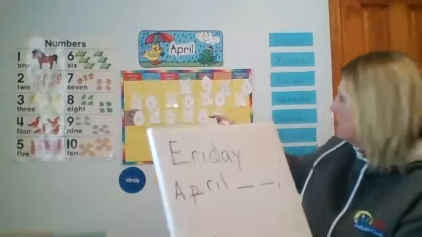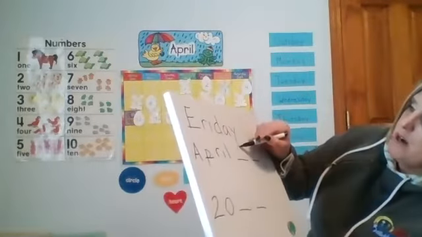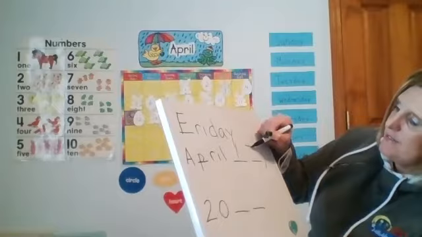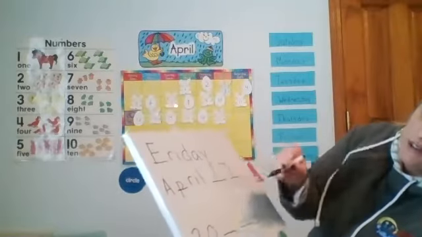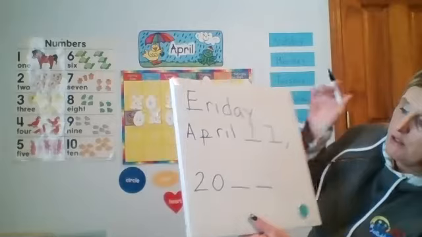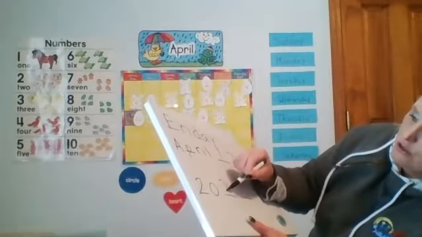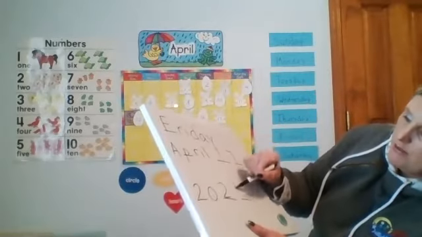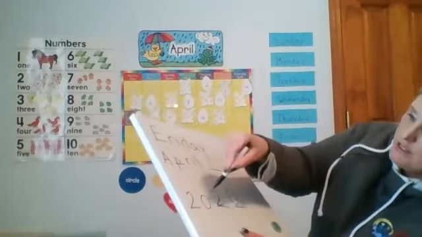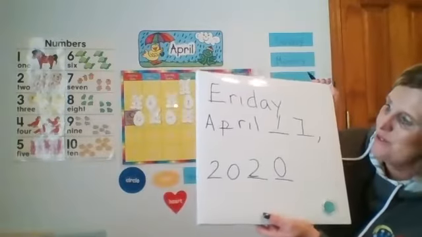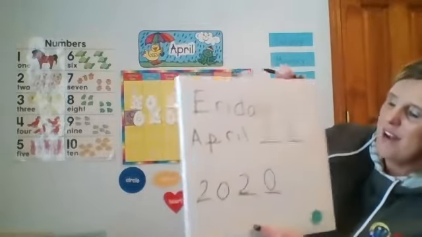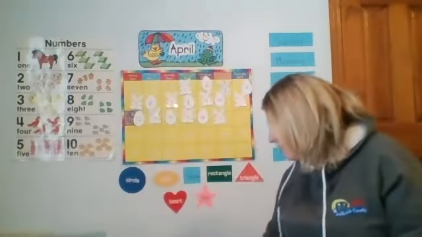April, and we said it's number 17, which is a 1 and a 7. Your 1 first and then your 7. 2020, and we know that 20 is a 2 and a 0. 2020. That's a pattern. So Friday, April 17th, 2020.